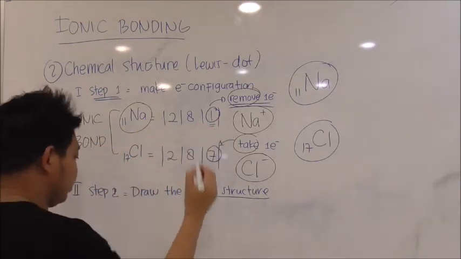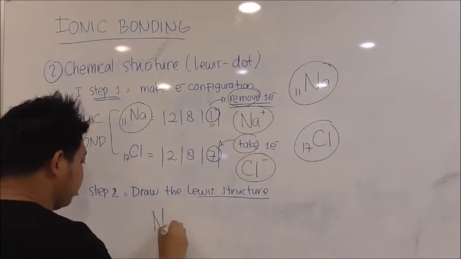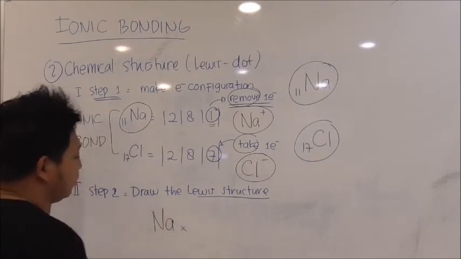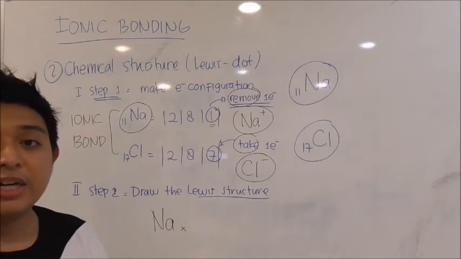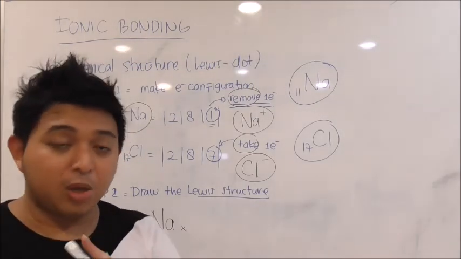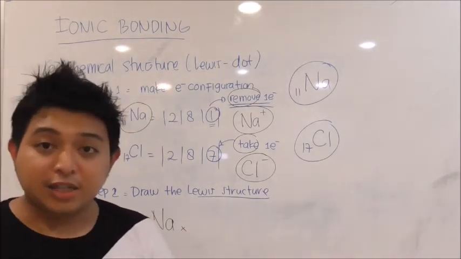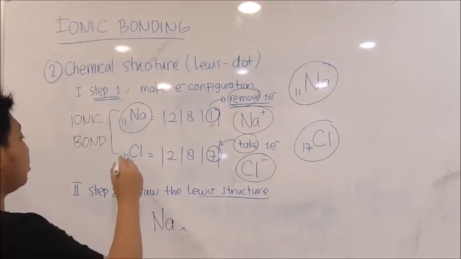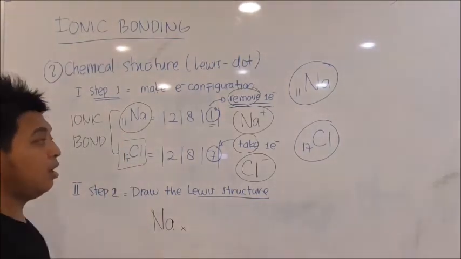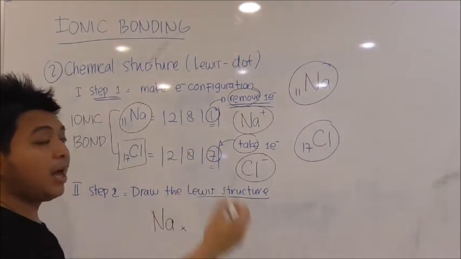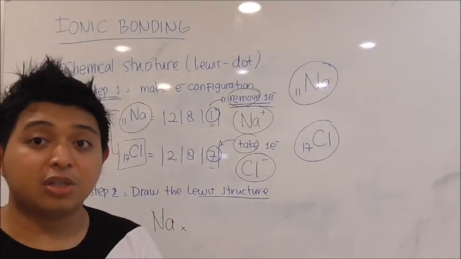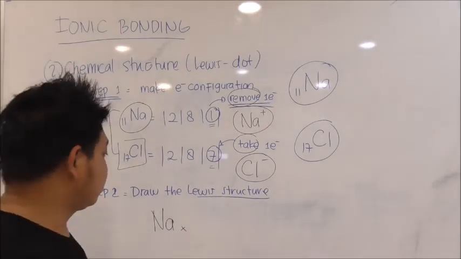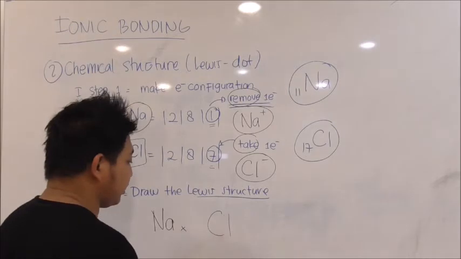Only one. So that's how I can draw sodium. I use a cross symbol to represent electrons. Next, how about chlorine? Chlorine has 7 electrons in the outer shell. So I can draw chlorine like this.